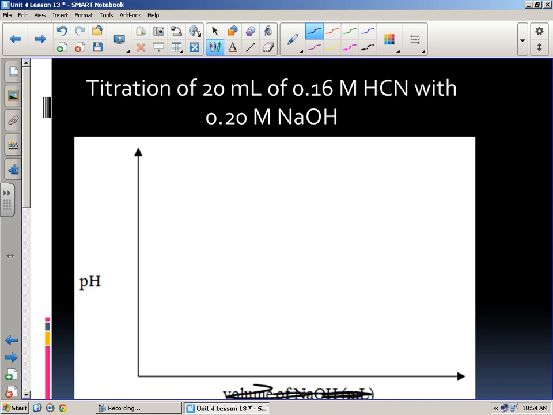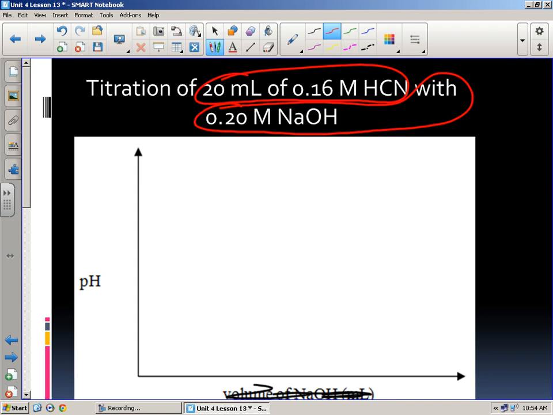So it's a titration of 20 milliliters. Pretty obvious in this case where that's going to go. It doesn't make much sense putting that in the burette because it's only 20 milliliters. Why would you put that in the burette? And this part is 0.20 molar sodium hydroxide, so that's your titrant.